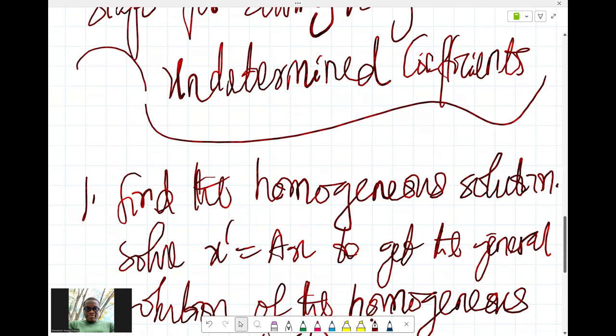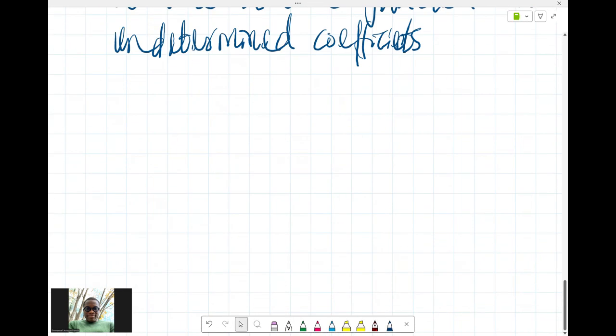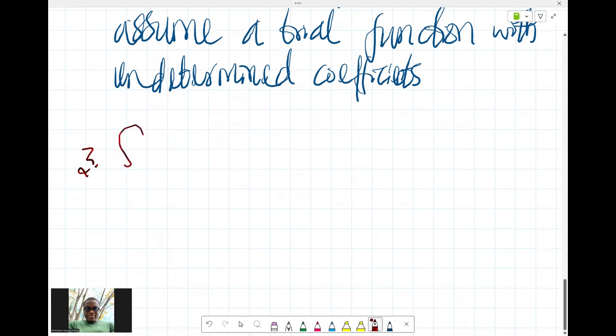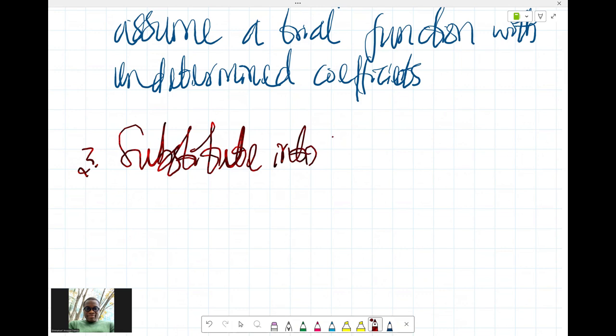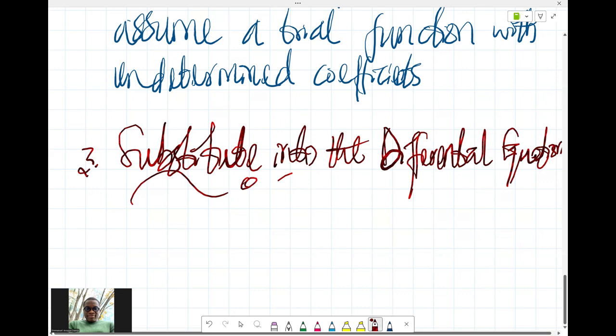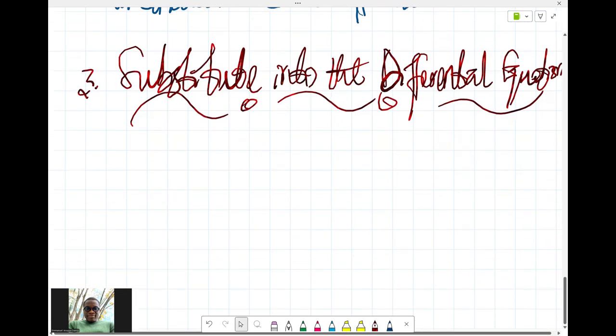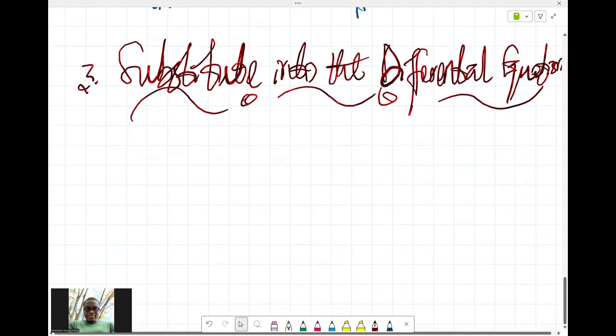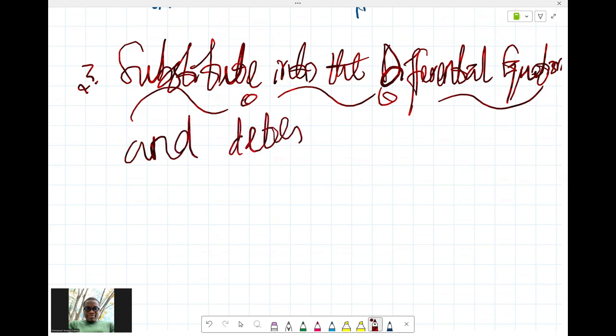After you've looked for the homogeneous solution, we go for the third step. In the third step, we substitute into the differential equation and determine the coefficients.